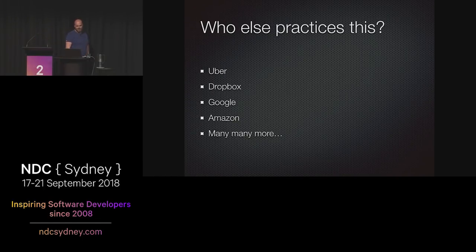Google and Amazon have been running disaster recovery tests for longer than anyone else. They didn't even have a name for it. They just called it disaster recovery testing. Like we usually have a disaster recovery document, but who actually tests it? And there are so many people practicing this now.